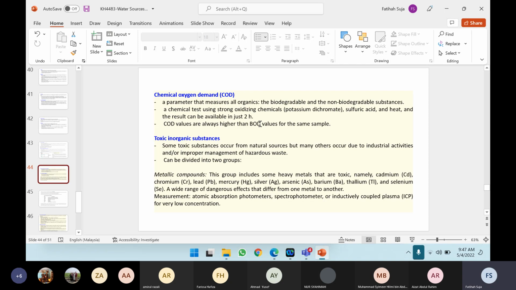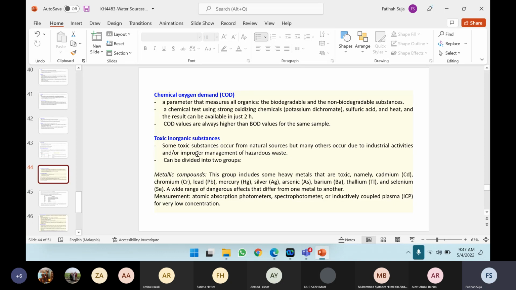Okay. COD values are always higher than BOD values for the same sample, but BOD can sometimes be higher than COD values if you have algae in your sample. Okay, so all these parameters need to be measured, not only one, because you want to determine the types of sample that you have.